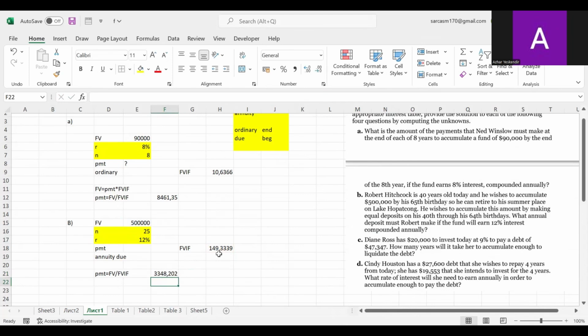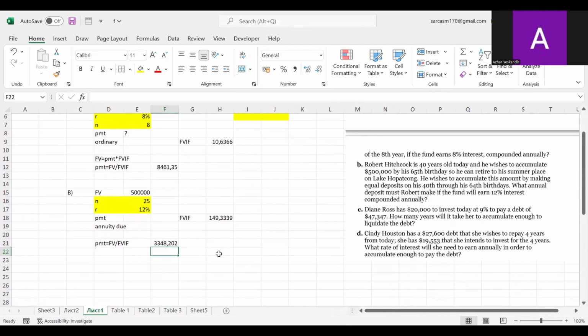So here is the equal payment that he has to make each year to accumulate 500,000. Super. Okay, let's move on to C.